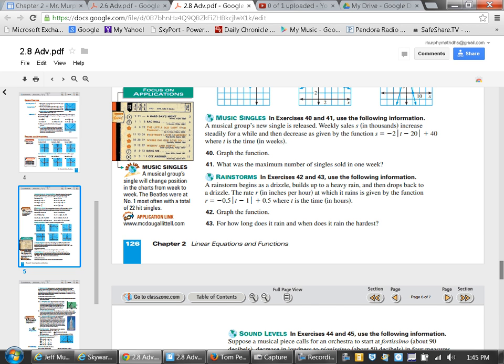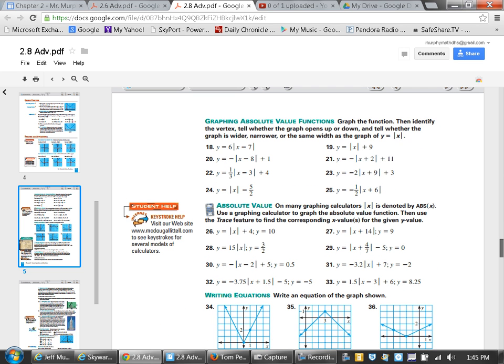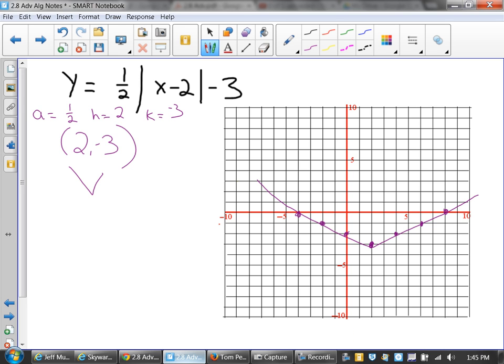On 126, 18 through 25, okay? There's 8 graphs.